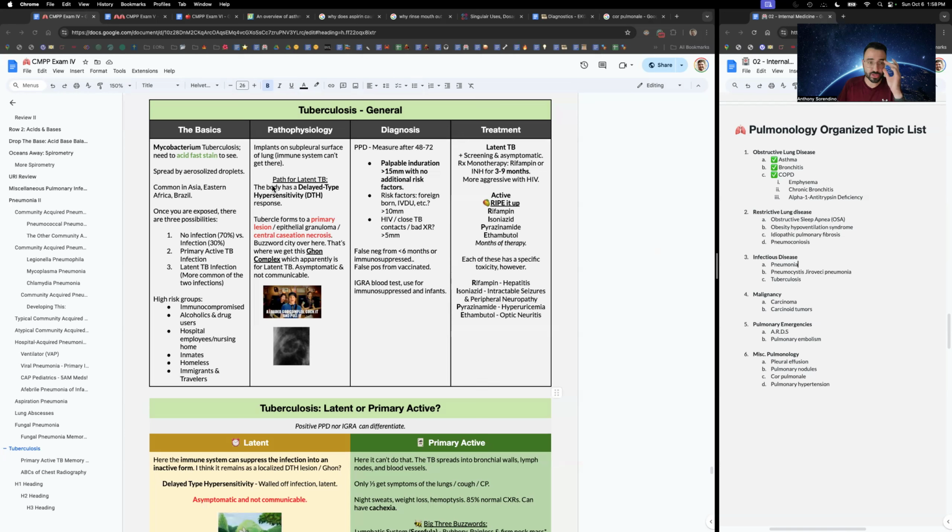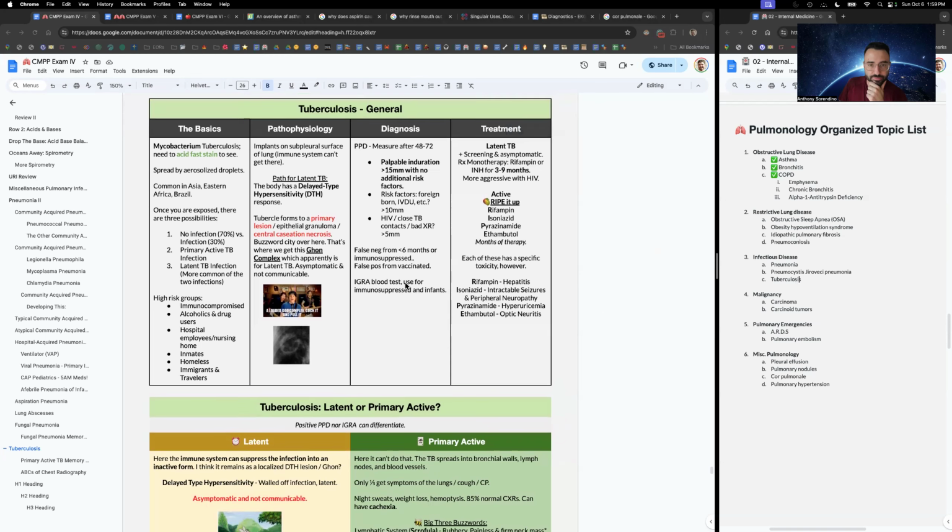You use an acid-fast stain for tuberculosis. That always seems to be like a buzzword thing. So a palpable induration. Remember, you want to measure the induration, which is the total area. So greater than 15 millimeters will be positive.